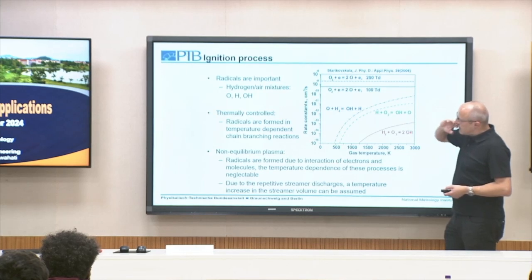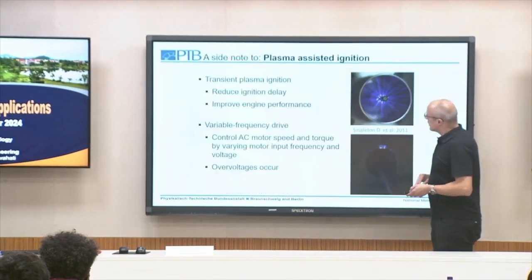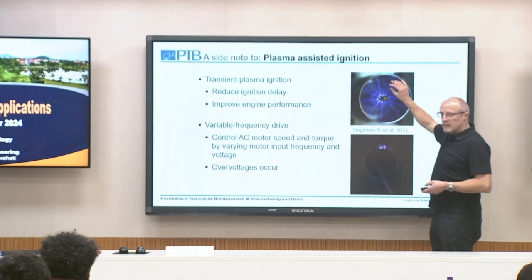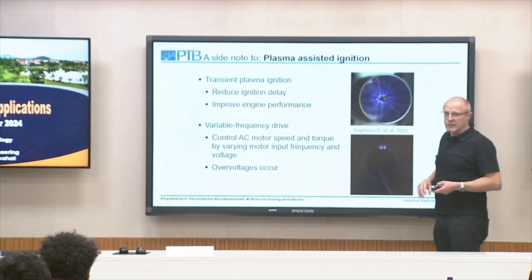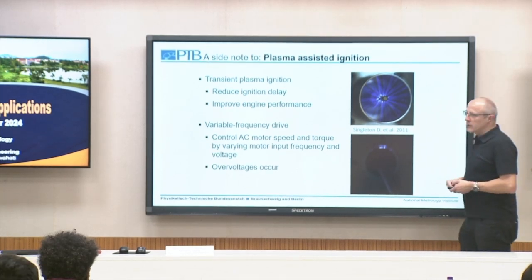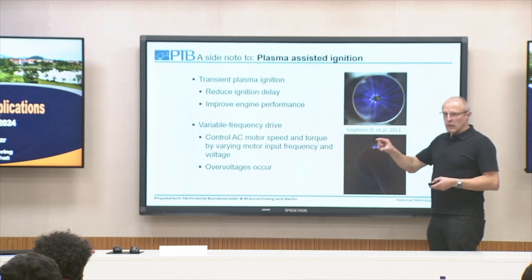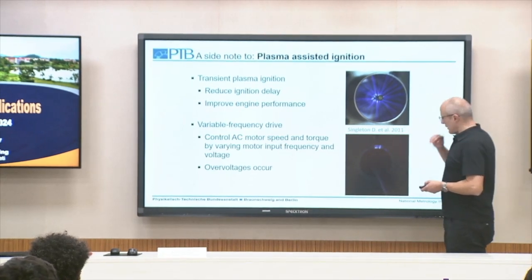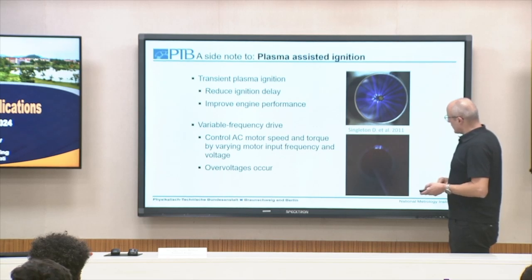But if we consider these non-equilibrium plasmas, of course, there's something happening inside these discharges. Normally, for spark ignition, we can neglect this because here the temperature is the dominant part, so the heat up inside this spark.